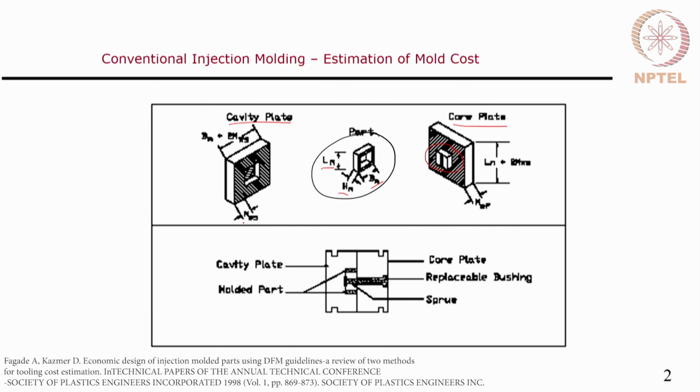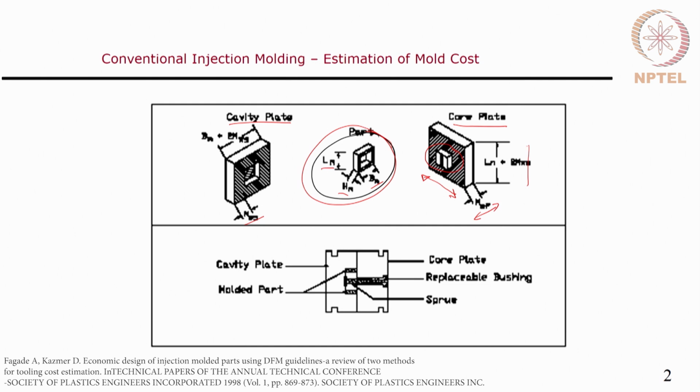So, the dimensions of these plates, like the length or the width or the thickness of the plate, are in turn dependent on the part dimensions. And once we know the dimensions of the plate, we know the material cost, that is the mold material cost, as well as the rough machining cost.